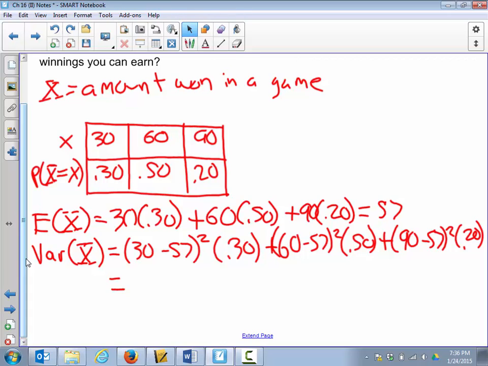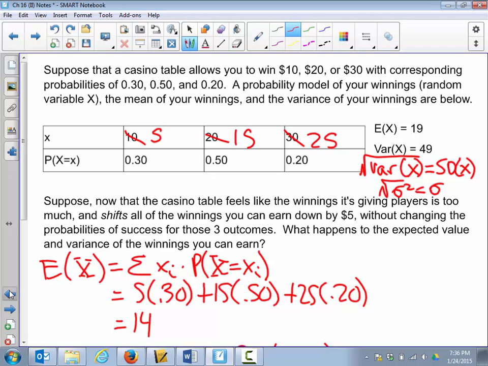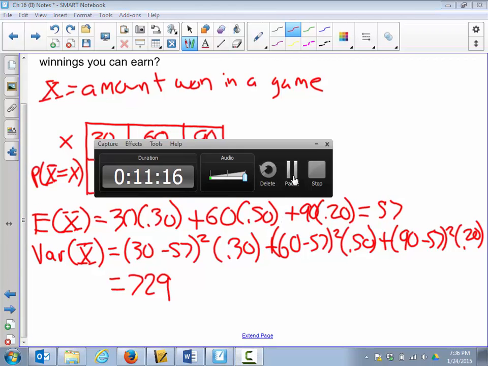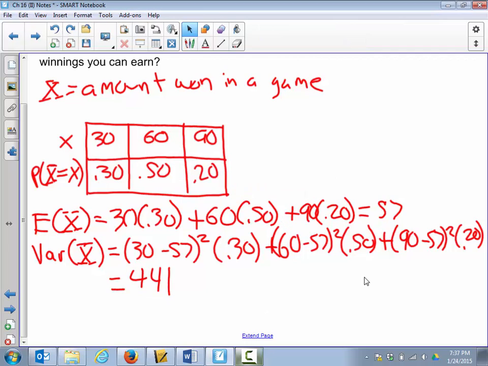Let me get the calculator here real quick. 27 squared is 729, which is actually 9 times the original variance that we had of 49. Let's see. 9. Where's the mistake? That doesn't make sense. 9 times 49 gives us 441. Plug this into my calculator here. I'm going to pause the video.